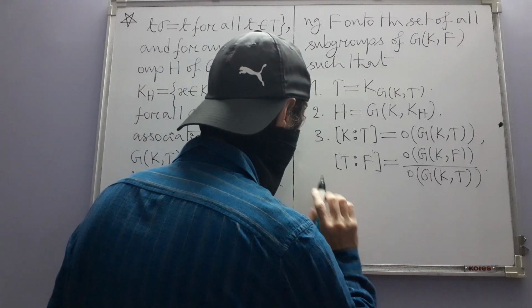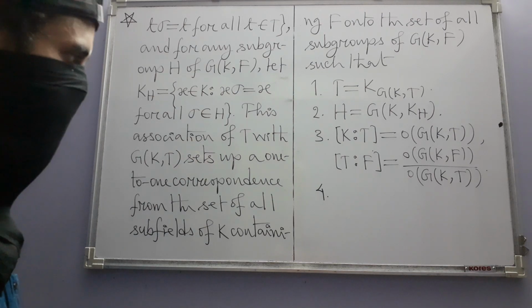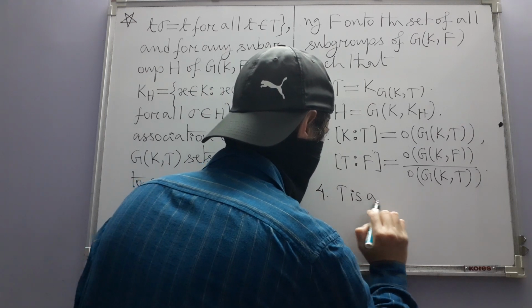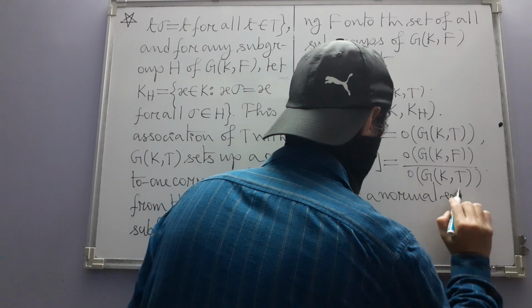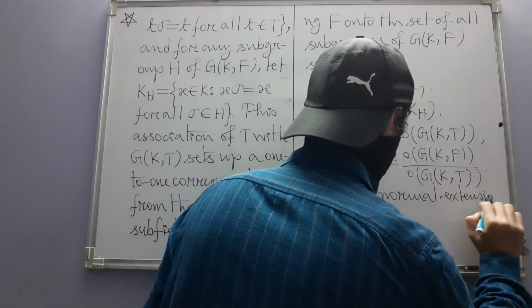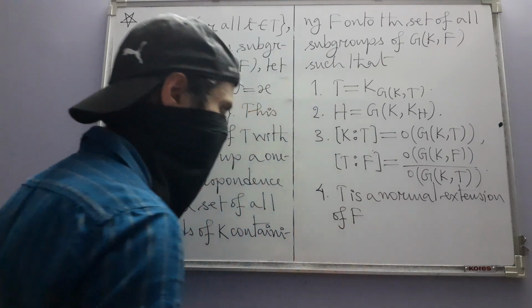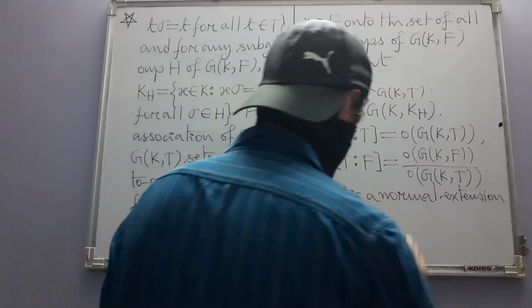Number 4 is a normality criterion. This number 4 is very beautiful. T is a normal extension of F. I mean, T of course is an extension of F because it contains F as a subfield.